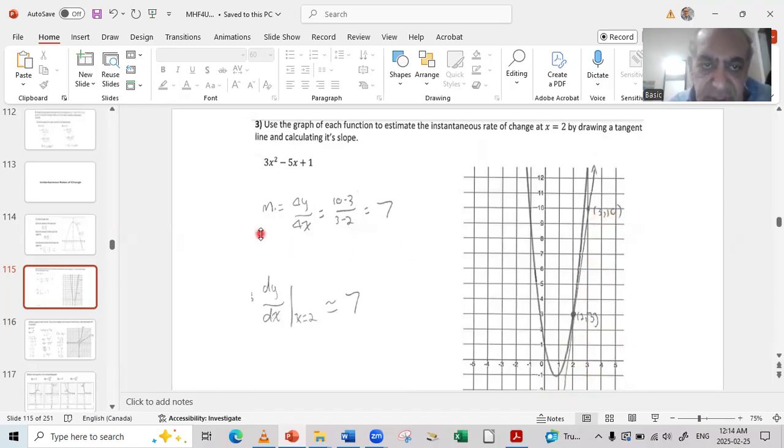Then I substitute: change in y over change in x. That is 3 minus 10 divided by 2 minus 3. Or you can take it from up to down: 10 minus 3 divided by 3 minus 2. That will give me 7. So the change in y over the change in x is 7 in that case.